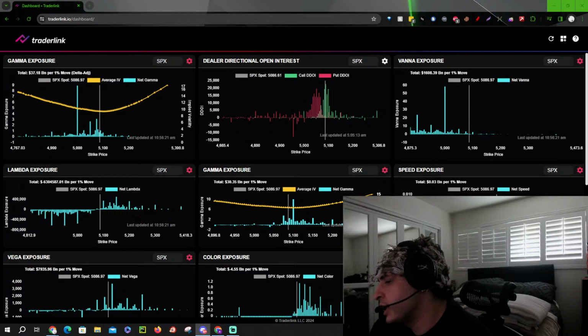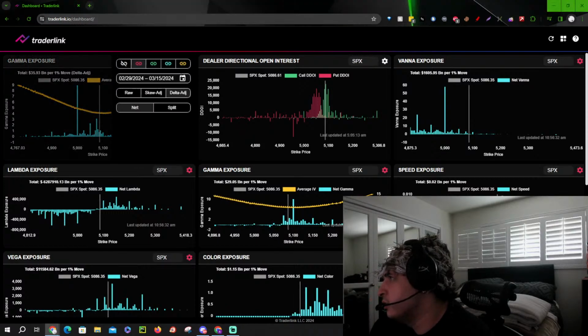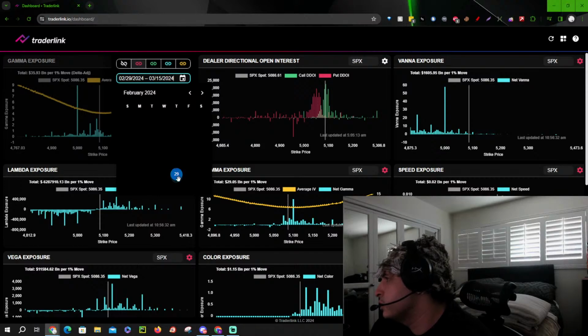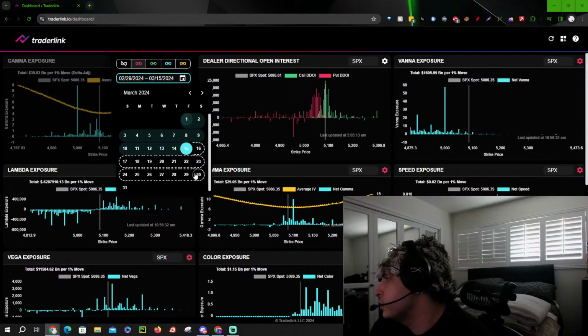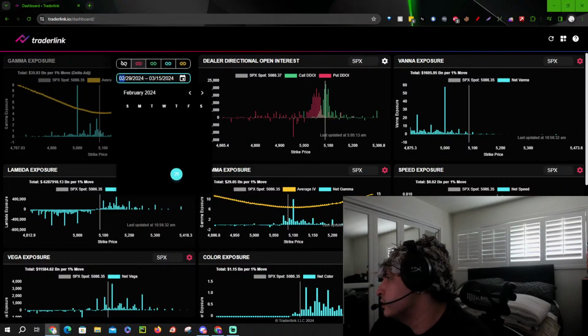Can we select more than one month at a time, seeing only one month of dates from the start date? Yeah, you can select a variety of months. We can increase this. Oh, wait, hold on. Maybe not. That might be a bug.